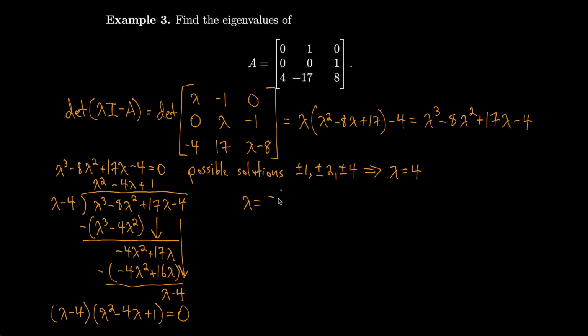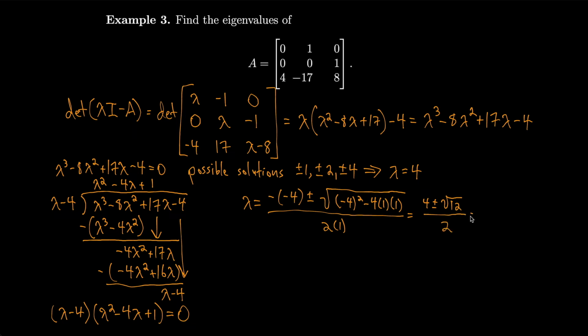So negative negative 4 plus or minus the square root of negative 4 squared minus 4 times 1 times 1, and all of that's over 2 times 1, so that equals 4 plus or minus the square root of 12 over 2, which is 2 plus or minus root 3.